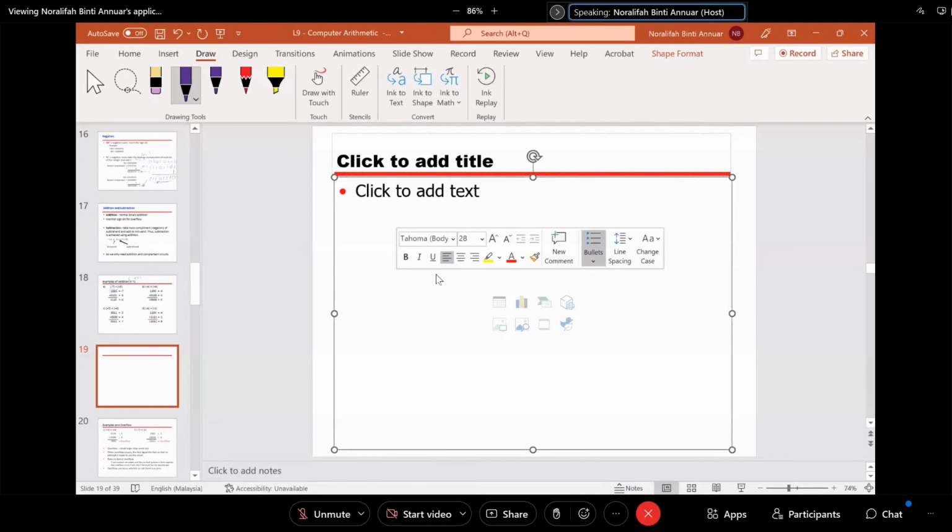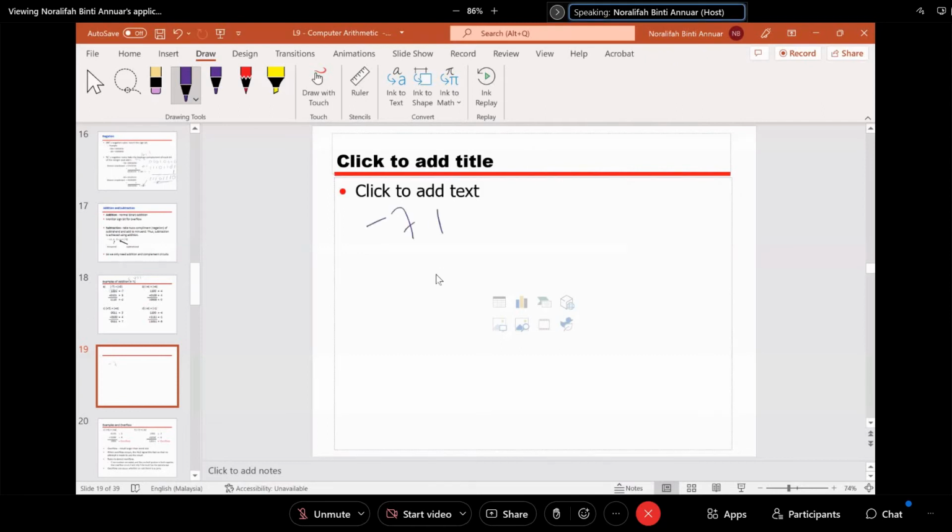We said negative 7 plus positive 5 gives negative 2. Remember, your computer needs to convert negative 7 first. How? With 4 digits, 1, 2, 4, 8, for 7 it is 1, 1, 1, 0.